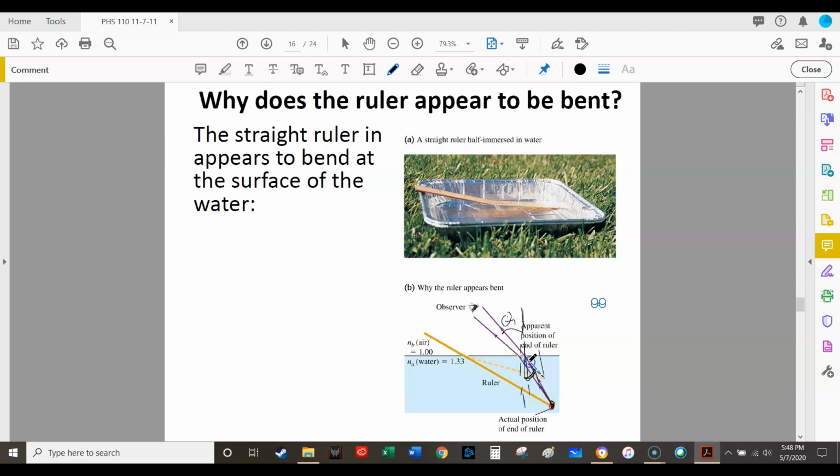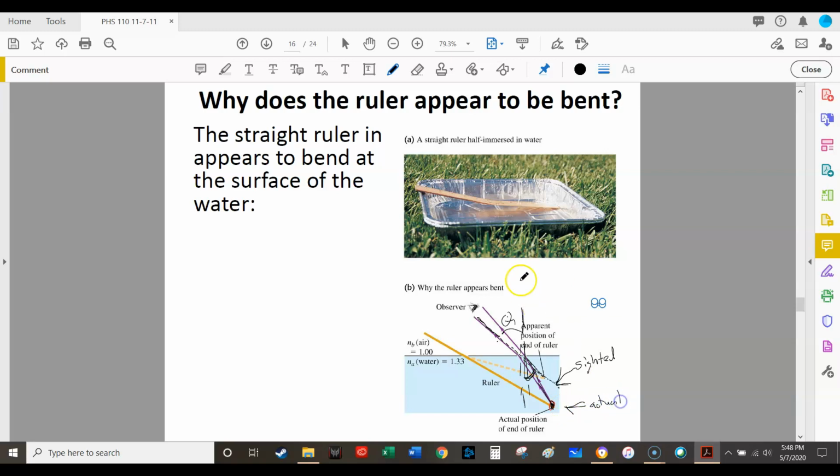When it comes out here, it's going to bend out towards our eyes, but our eyes will see the ruler along a straight line. So what we see here is the sighted ruler, but the actual ruler is way down here.